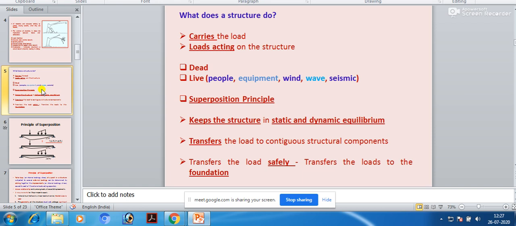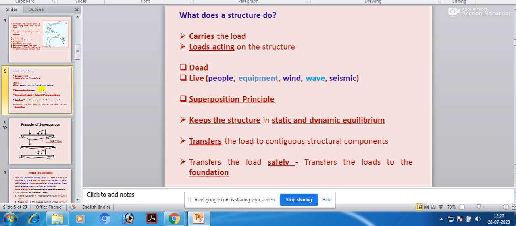These are the two very common types of live loads acting on the structure: we the people, and the equipment, or the different kinds of facilities and things we use in our daily lives.